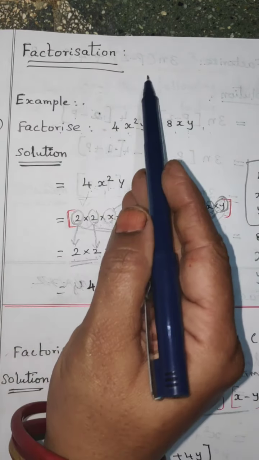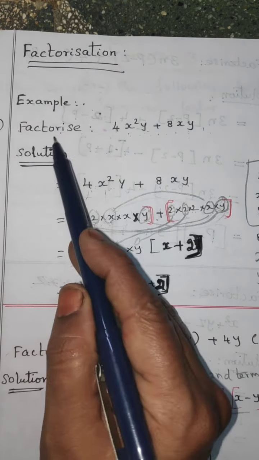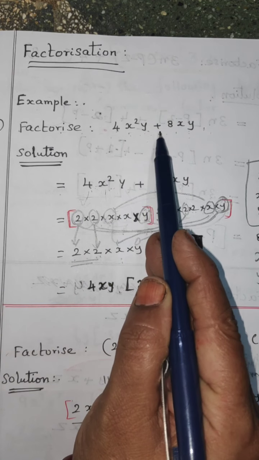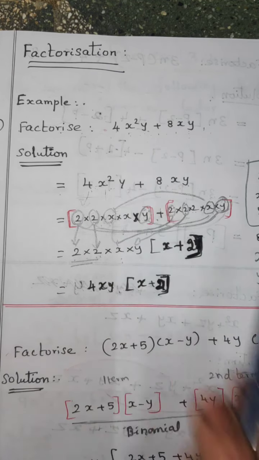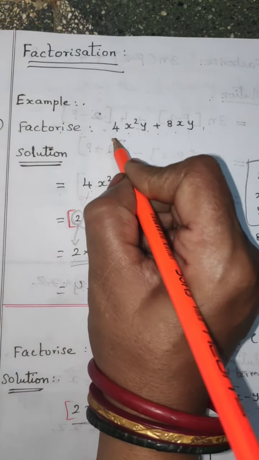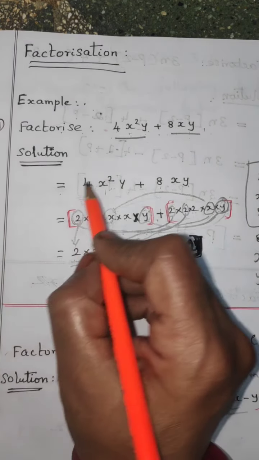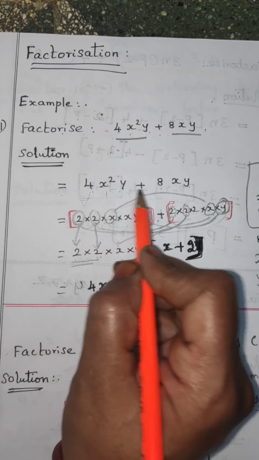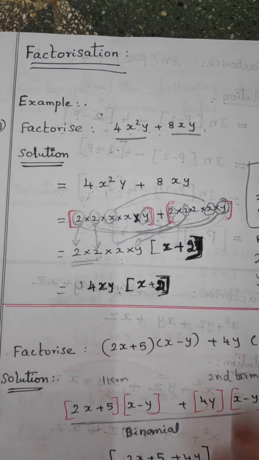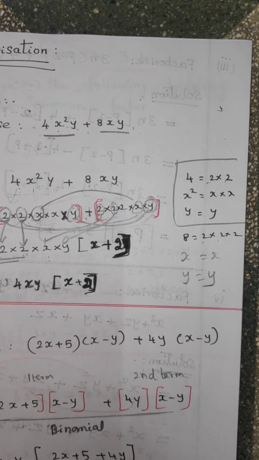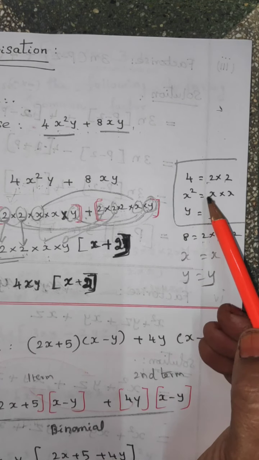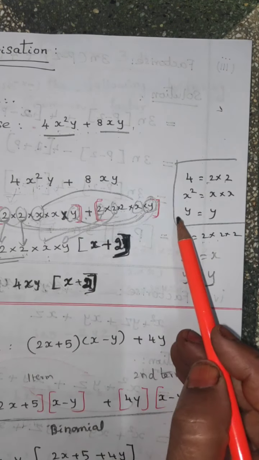Now a factorization example sum. Factorize 4x squared y plus 8xy. 4x squared y is the first term. 8xy is the second term. So you write the solution: 4x squared y plus 8xy. How do they expand 4? 2 into 2. x squared is x into x. y you write.